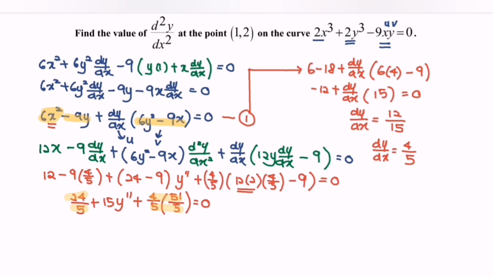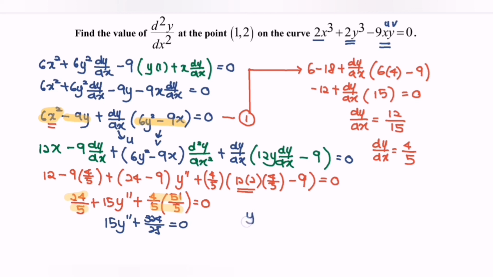So now we have 15y double prime, or the second derivative, plus 324 over 25, which equals 0. So kindly rearrange and find the value of the second derivative.